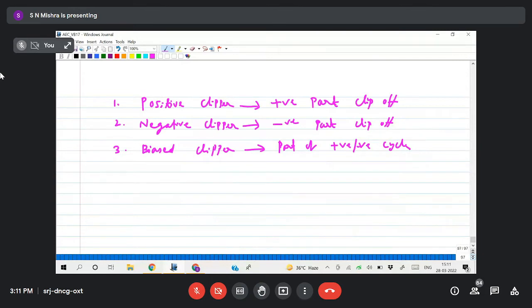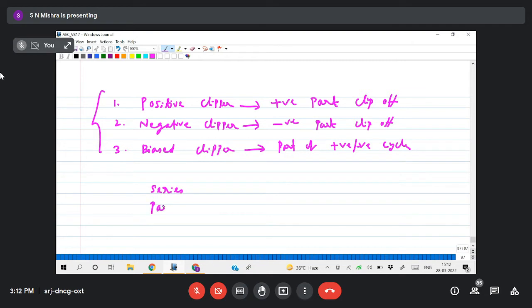Now, this is regarding the output waveform. Another classification is there, depending upon the diode connection: how the diode is connected across the load. If the diode is connected in series with the load, then that is called a series clipper. And if the diode is connected in parallel with the load, then that is called a parallel clipper.